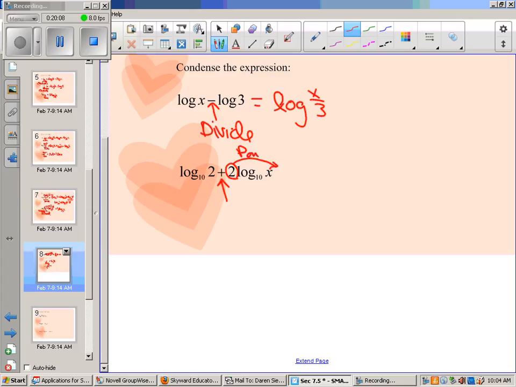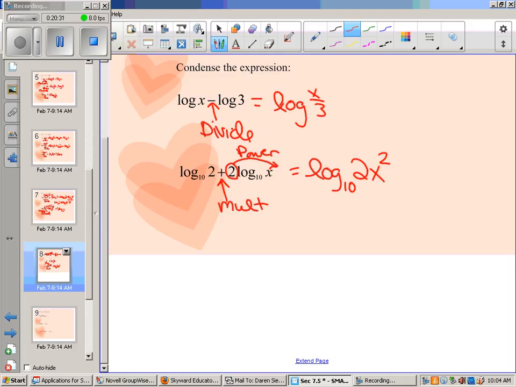On the x. Multiplication, because we're adding. So I was hearing multiplication out of people, so you're right. Log base 10 of 2x squared. And the squared only goes on the x because the 2 is only with that log base 10 of x.